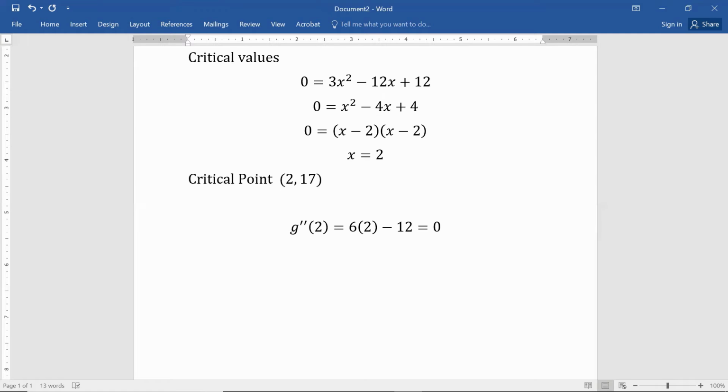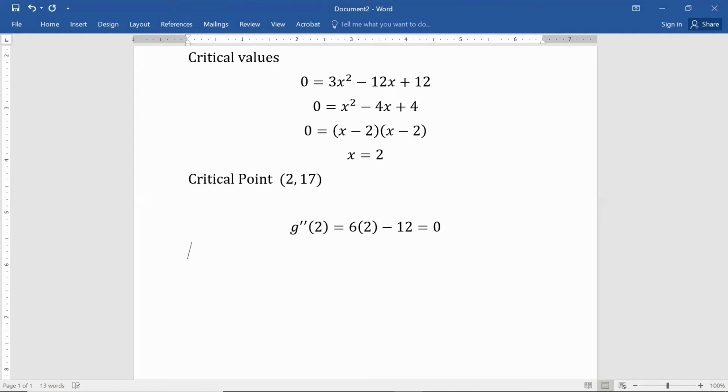If the second derivative test doesn't work, then I can go on from there and figure out what's happening by utilizing another test. I could either look at the graph or I could use the first derivative test.